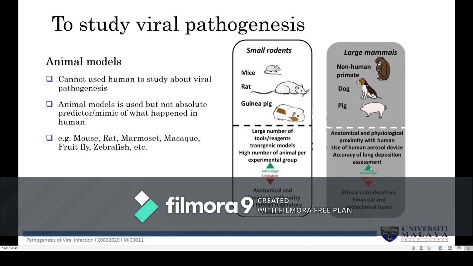The limitations are the ethical considerations, and the financial cost, as it's going to be very expensive when you're using large mammals, and also zootechnical issues, how to manage these animals. It will be much harder than with small rodents.